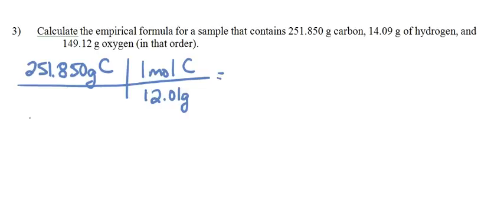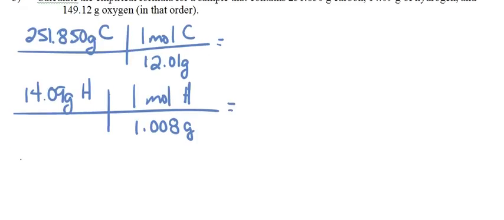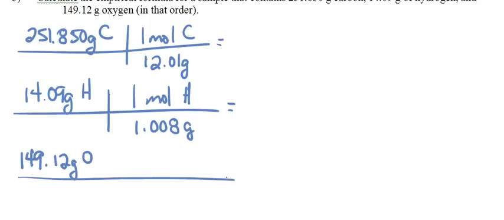And then we have 14.09 grams of hydrogen. And from the periodic table, hydrogen weighs 1.008 grams. We'll calculate that here in a moment. And then we have 149.12 grams of oxygen. And from the periodic table, that's 16 grams per mole.